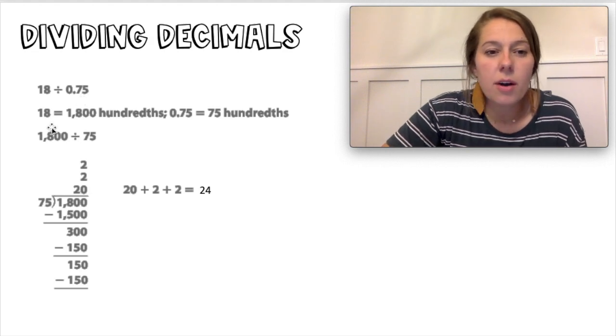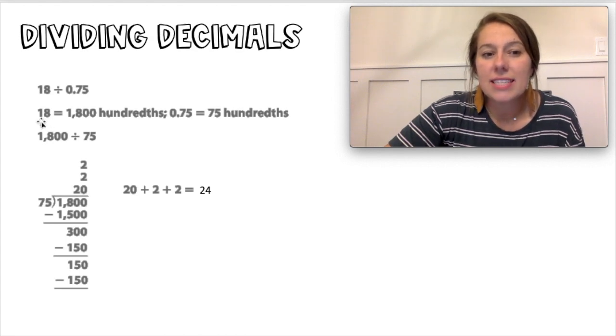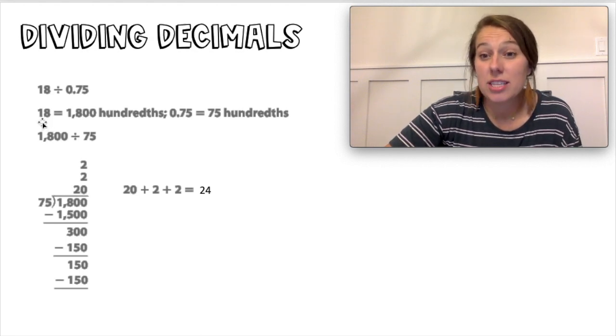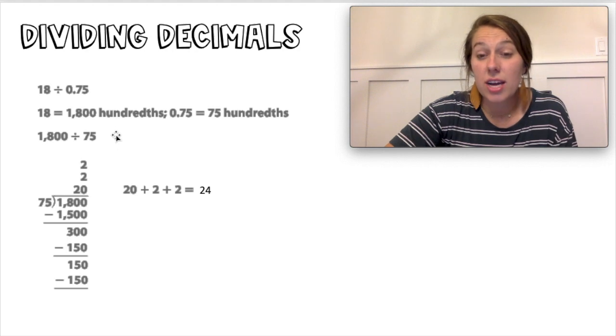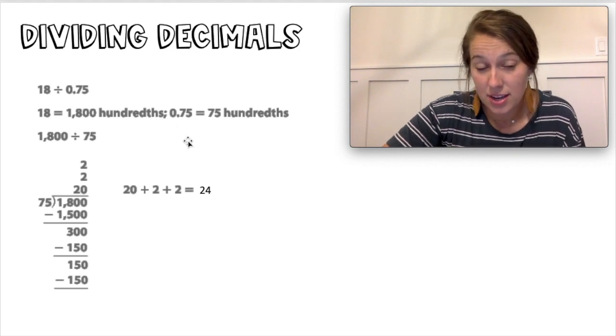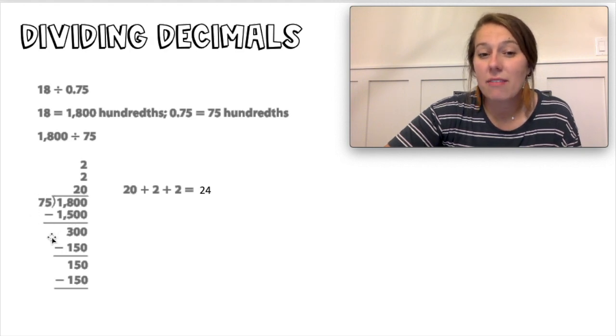So 18, the 8 is in the ones place, right? And the next place is the hundredths place, correct? So that's going to turn into 1,800 hundredths. That's going to be my dividend, and then my divisor is 75 hundredths.